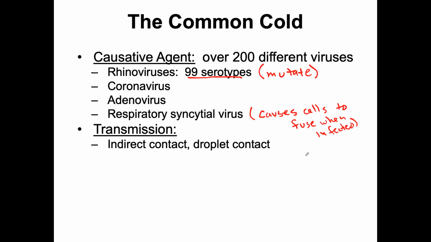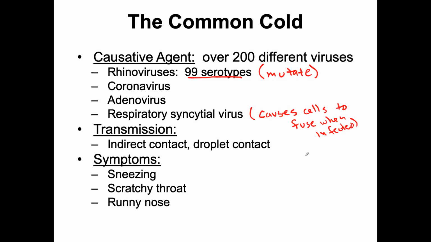You've got airborne, you've got indirect contact through fomites, okay, to spread it. Symptoms: sneezing, scratchy throat, runny nose, fever in children, okay?